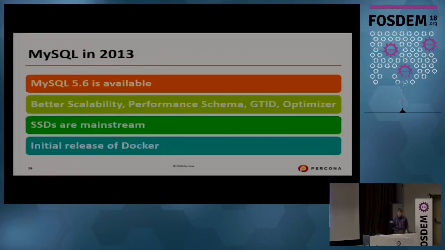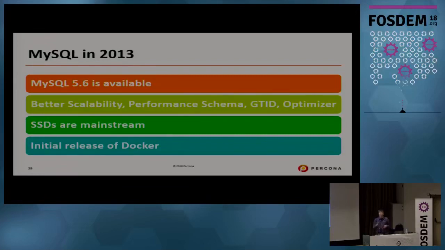In 2013, we get MySQL 5.6, and that was again focused on better scalability, performance schema, and getting GTIDs to make replication at least somewhat easier to manage. A lot of improvements to the optimizer.